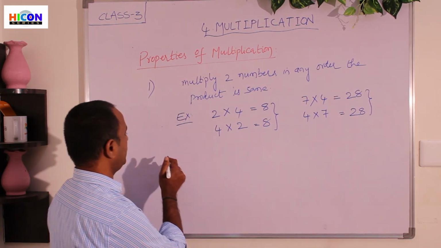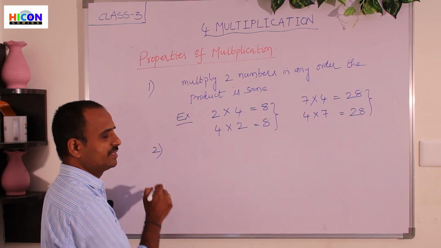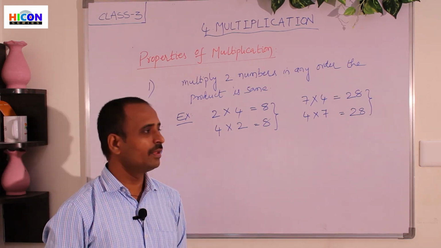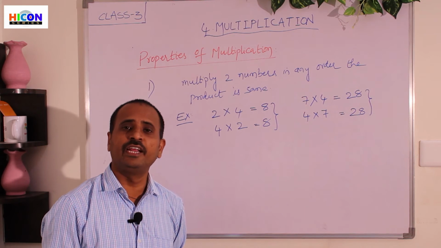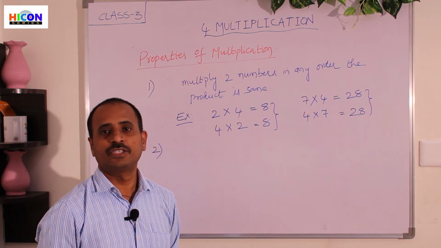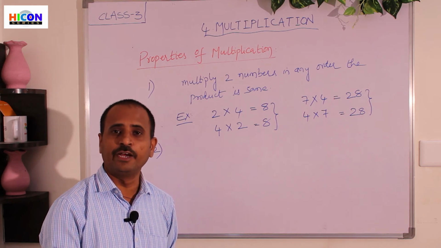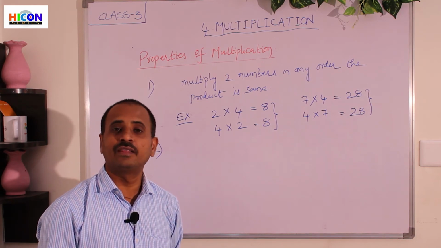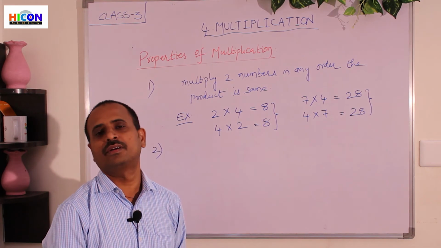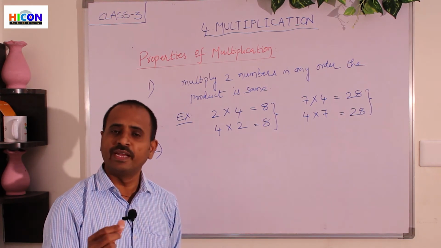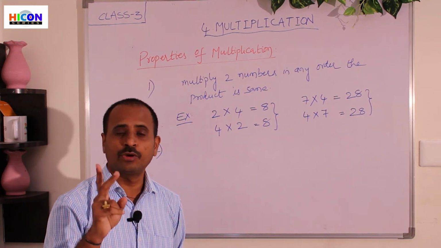Now let us see the second property. So what is the second property? If we multiply any number with 1, children, listen carefully. If you multiply any number with 1, we will get the same number as the product.